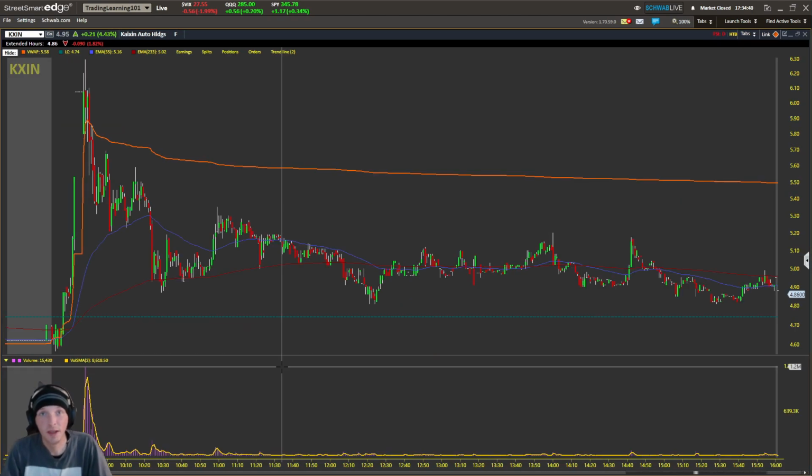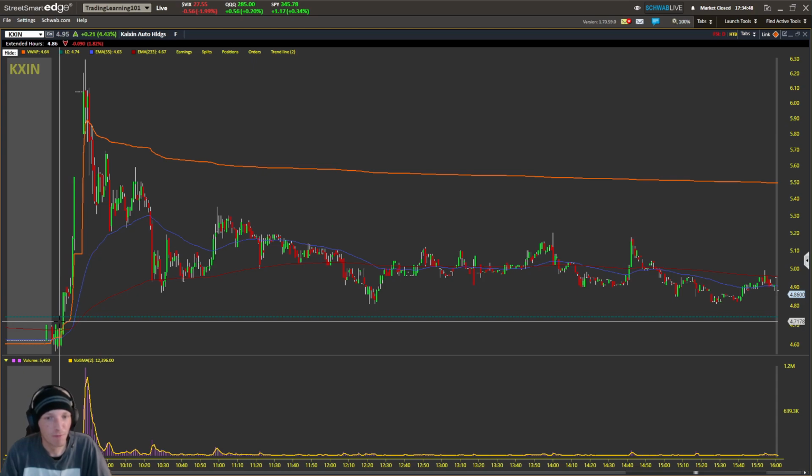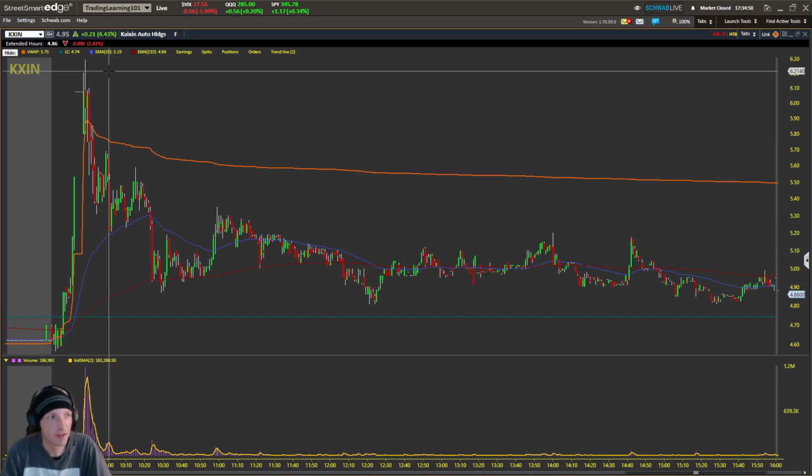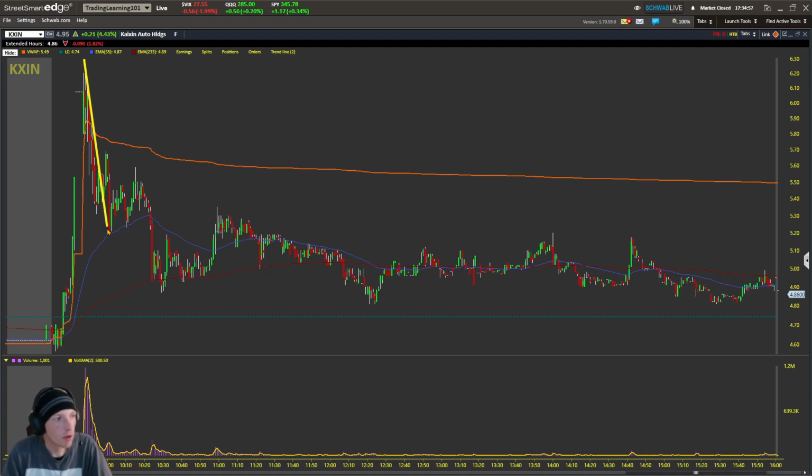Here's one more quick example with the Fibonacci moving averages. KXIN had a quick pop here from 470s up to 630s. When it popped up way up here, and when it pulled all the way back down, that blue line right here, it bounced and held as support, but then it fell through it to the next Fibonacci level, that red line, and was holding as support all right here.